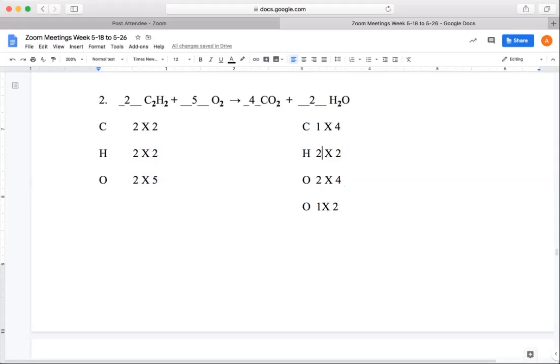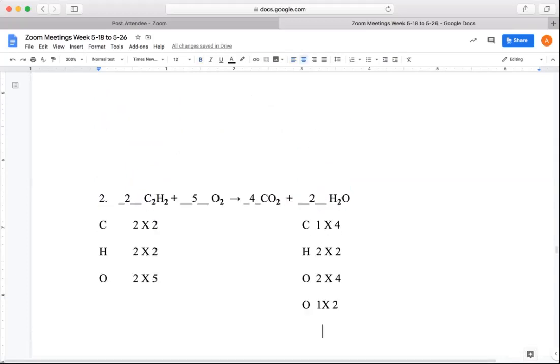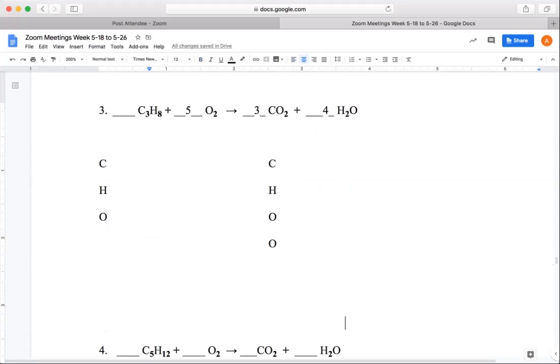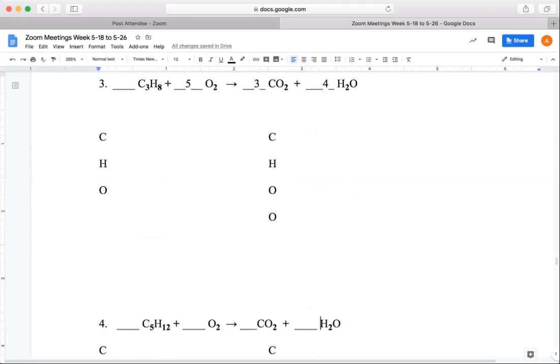All right, so let's go on to the next part. So here we have another hydrocarbon. And we have a reaction where the hydrocarbon reacts with oxygen to produce carbon dioxide and water. So how many carbons do we have on the left side? We have 3. How many carbons do we have on the right side? We have 1.